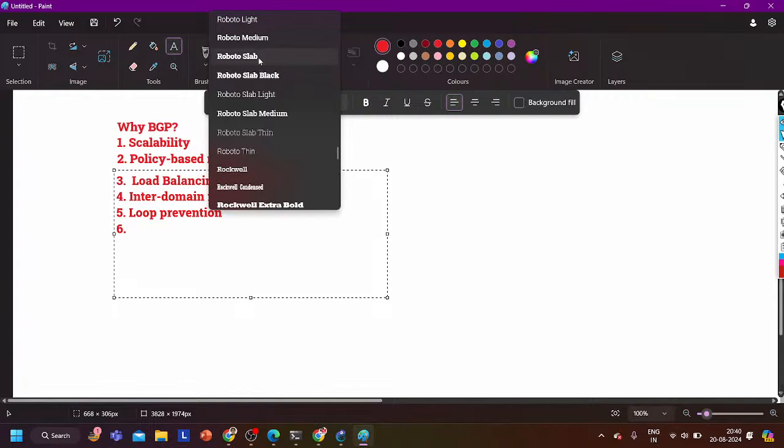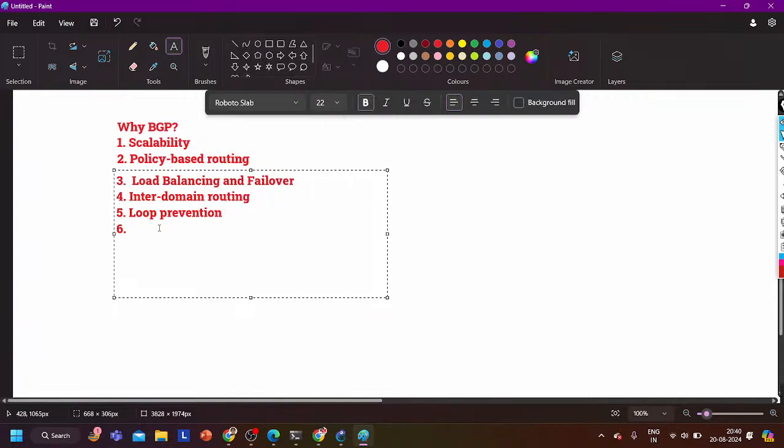So you can say advanced route filtering. I will have lots of options for route filtering in the case of BGP.